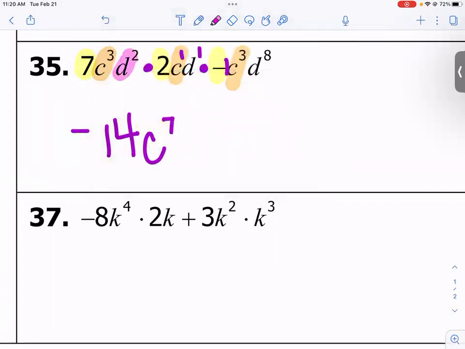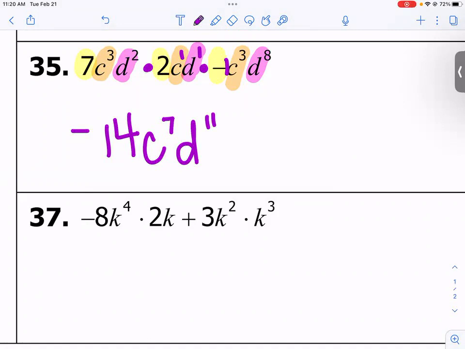Then we're going to take our d's. D squared, d to the first, d to the 8th. If you put a dot for multiplication, that'd be fine.